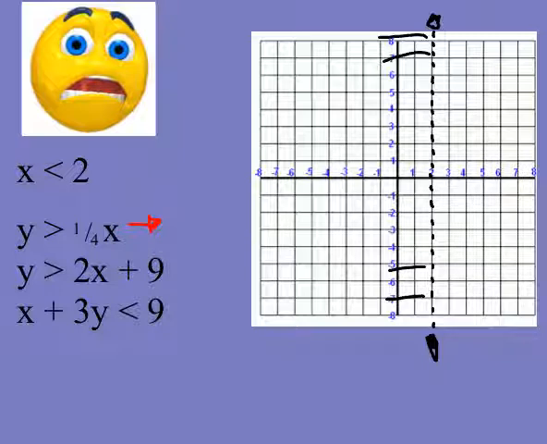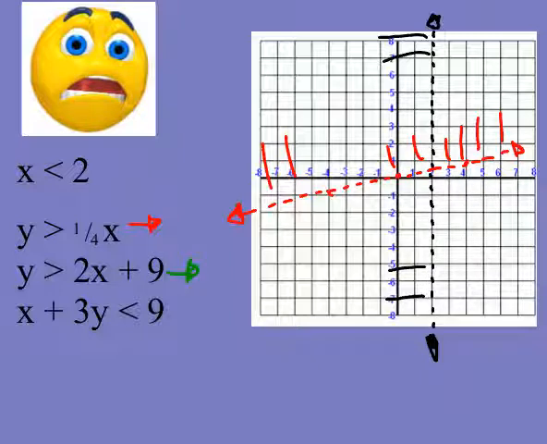It doesn't have a y-intercept, so I can see this one. Up 1 over 4 would be over there. That's good enough, because now I know it's got to be on this side. That is greater than, so that's above it. So that's somewhere here. I can graph out here or something. I don't know.